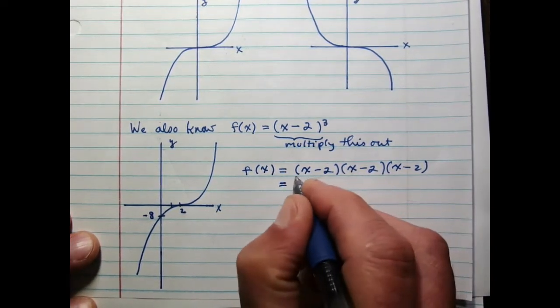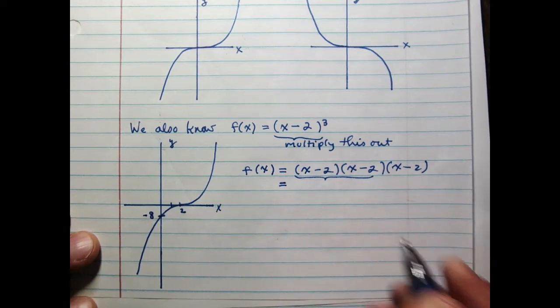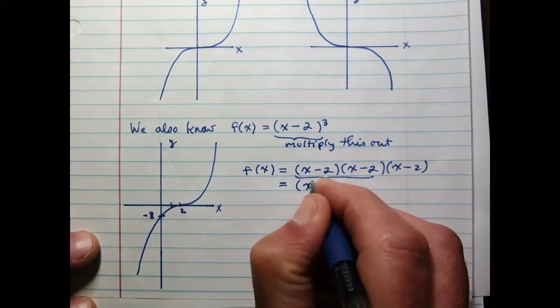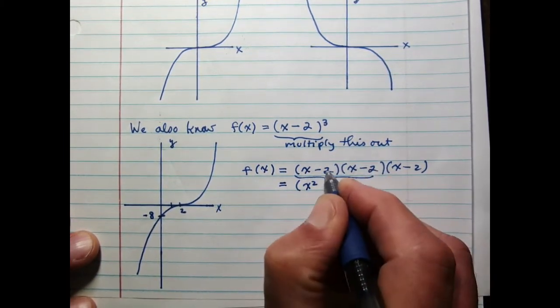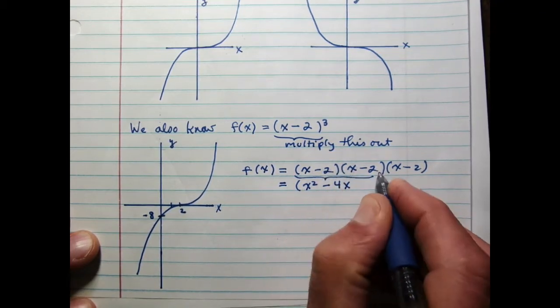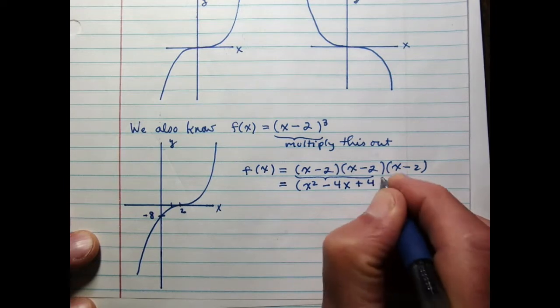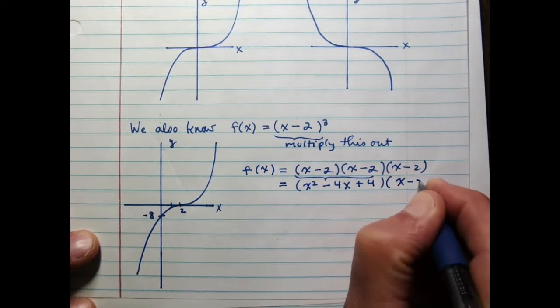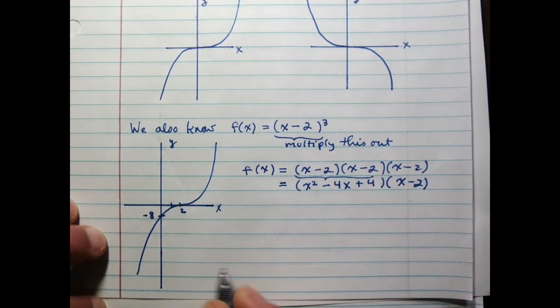And you can only multiply 2 of these at a time. So I'll multiply x minus 2 times x minus 2: x squared, minus 2x minus 2x is minus 4x, and then negative 2 times negative 2 is plus 4, times another x minus 2.